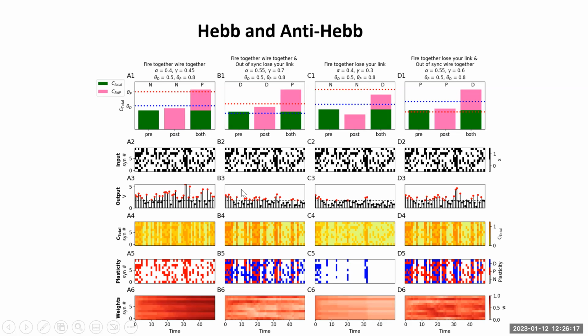Really? Yes. It seems in the calcium total, when I'm comparing it to the other diagrams, that there is only depression in the weights, because the amount of calcium is low, no?